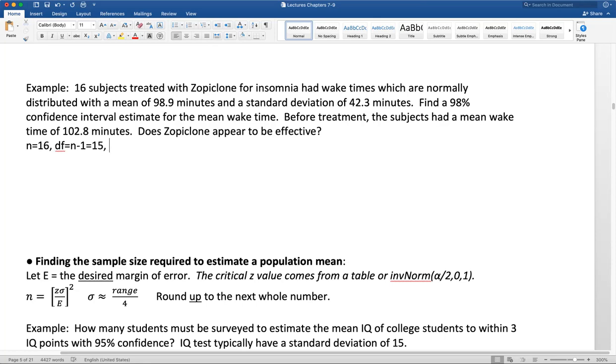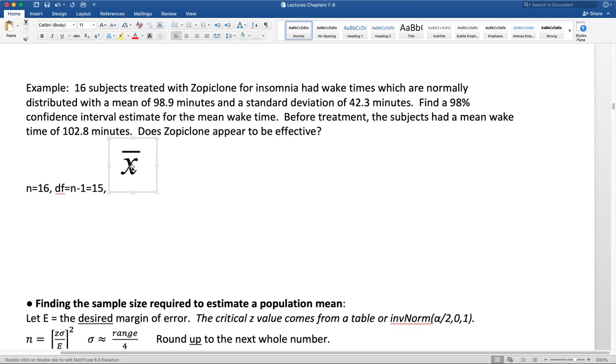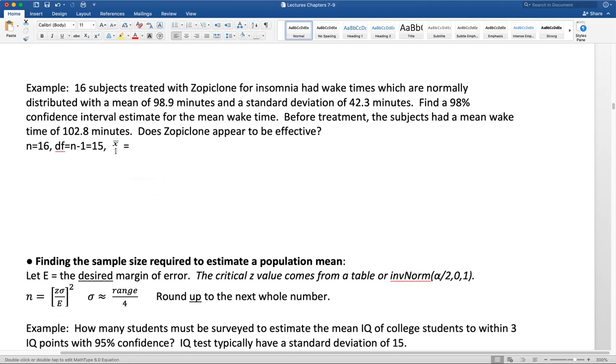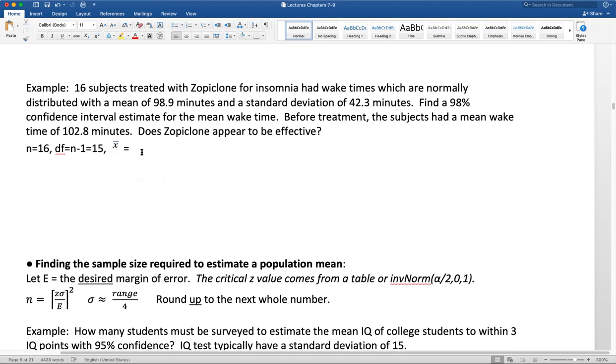And then the x bar. Give me a second. X bar is just 98.9.